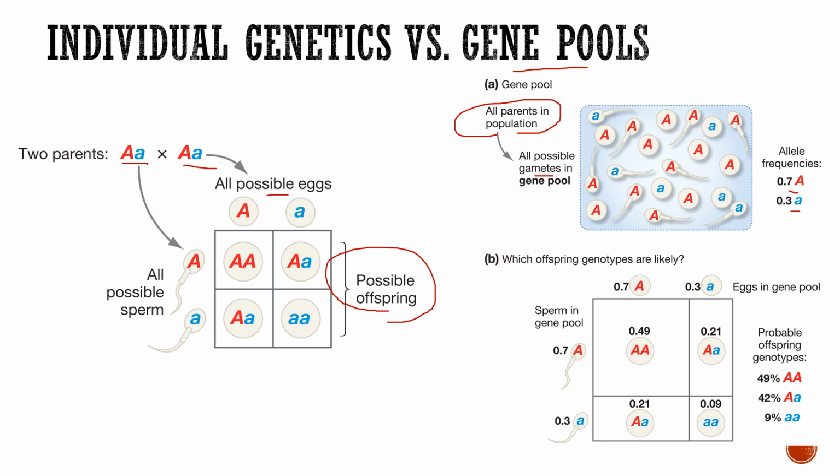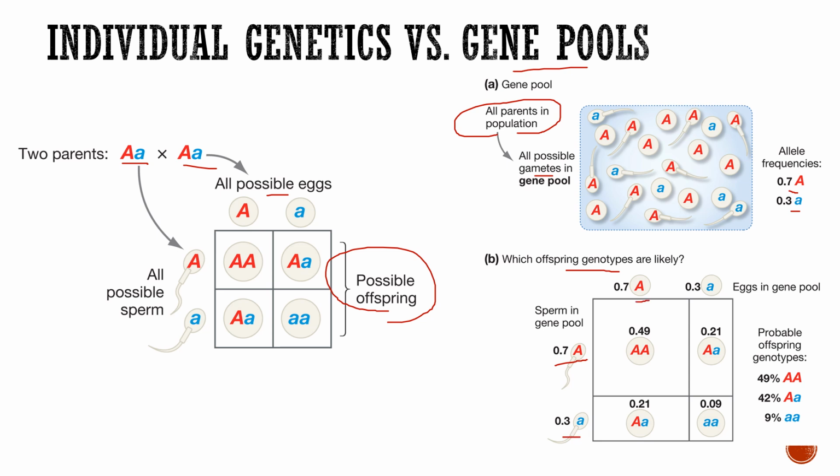So then which offspring genotypes are likely? Again, this is based on the population because this is assuming random mating. So it's not pairing up individuals. Any of these individuals could come together. So then what we have is essentially 70% dominant, 30% recessive.